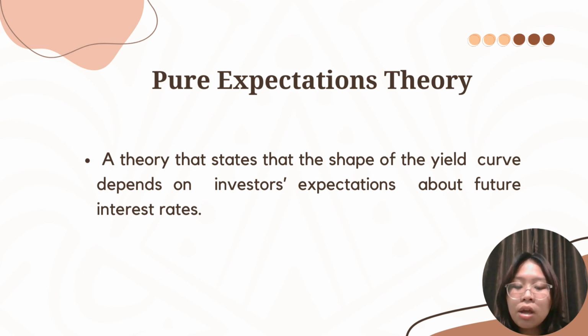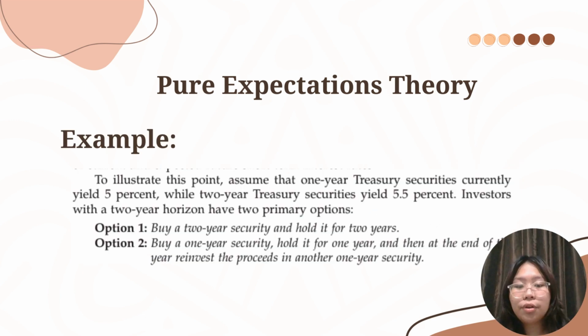In theory, long-term rates can be used to indicate where rates of short-term bonds will trade in the future. Pure expectations theory aims to help investors make decisions based upon the forecast of future interest rates. Now, to further understand it, I have here an example.